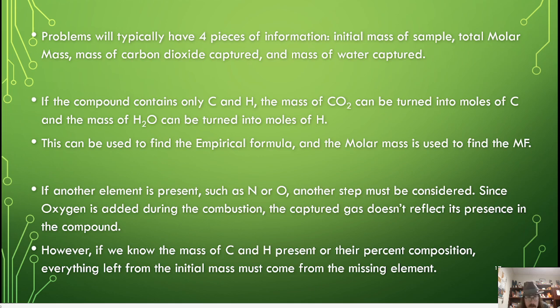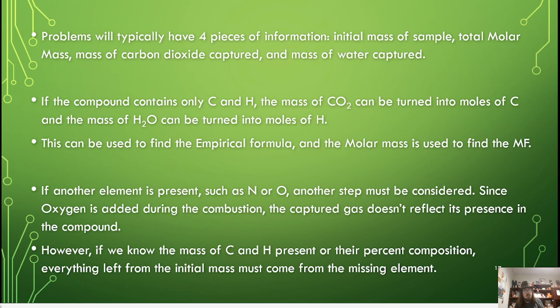Now, if there's only carbon and hydrogen present, here's what you do. You use the mass of CO2, and that can be directly converted into moles of CO2. And for every 1 mole of CO2, you have 1 mole of carbon. The mass of water, we can convert that into moles of water.